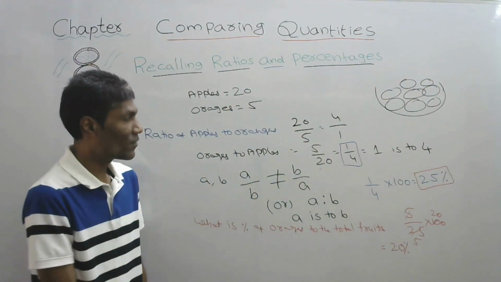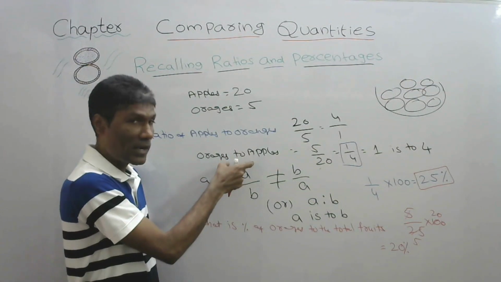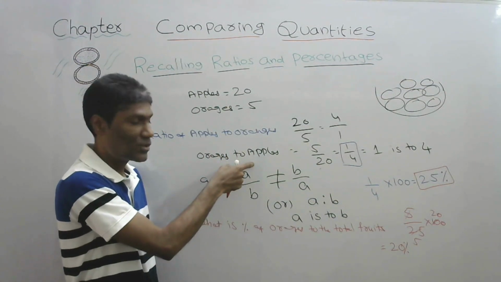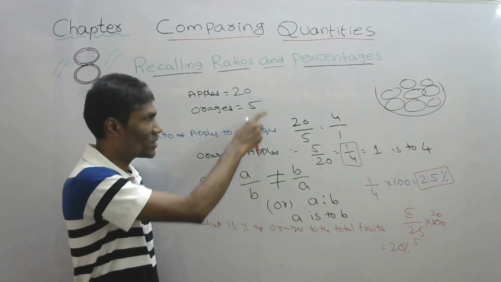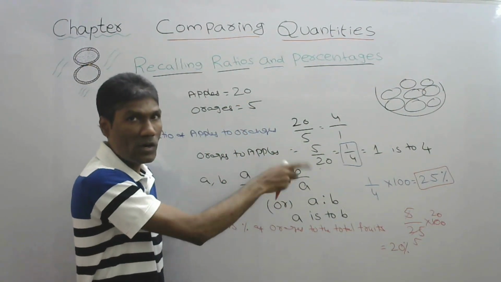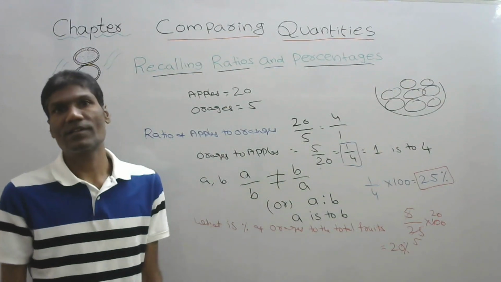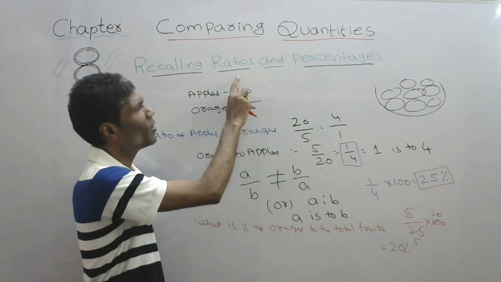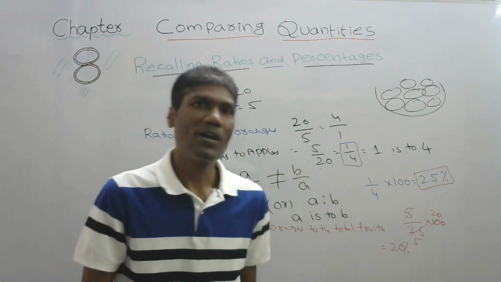So we should be careful about what parameter is being used, whether oranges, apples or total. That is the first thing, and the second thing is order. Order is also very important. This is a brief description about ratios and percentages.